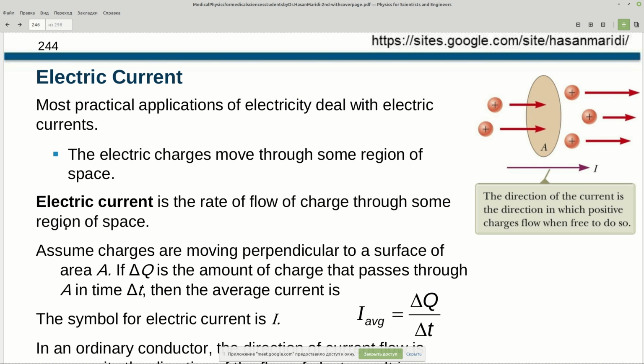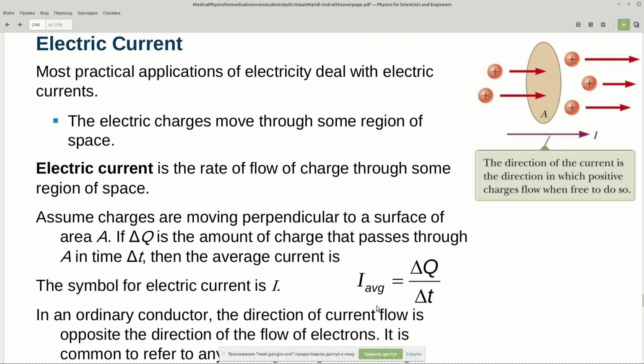Mathematically, it's a linear dependence following Ohm's law, and the slope is equal to 1 divided by R, the resistance. Resistance is R equals rho multiplied by L divided by A, where rho is the resistivity of the material.